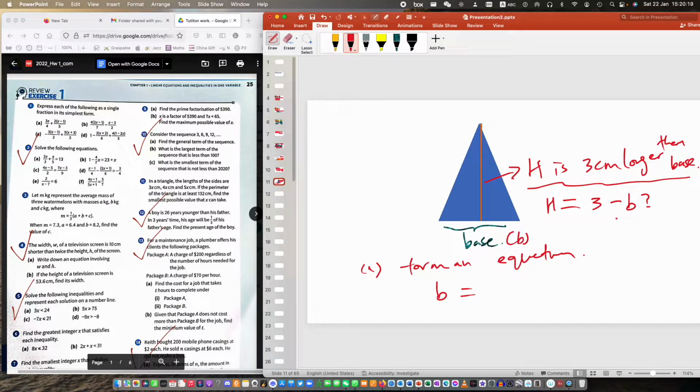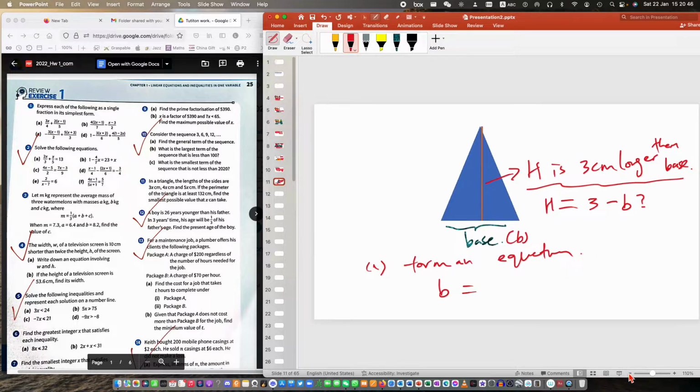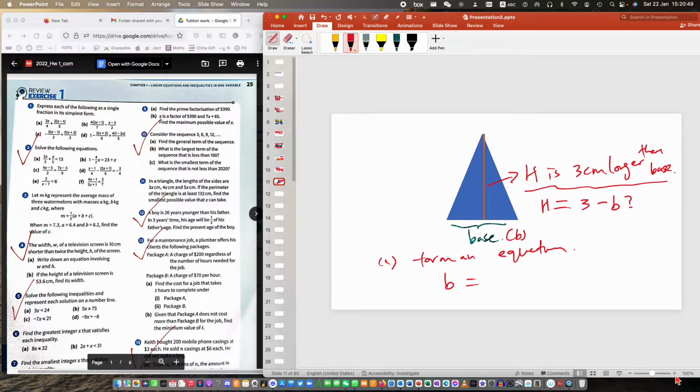That means H is 3 cm more than the base. You want to give yourself a simple example? Three cm longer. Do you understand? Okay, good. Then you give yourself a simple example.